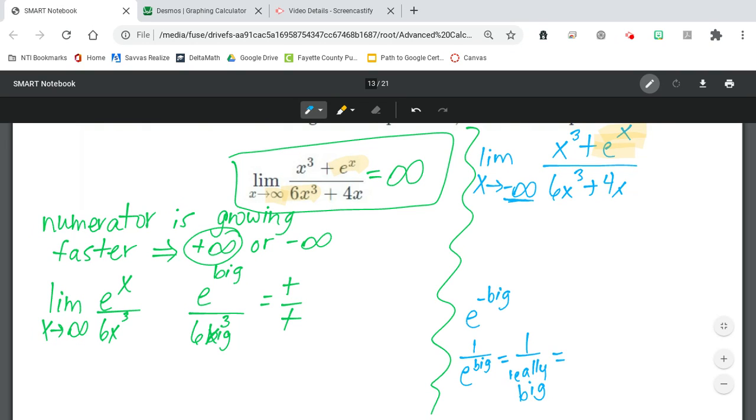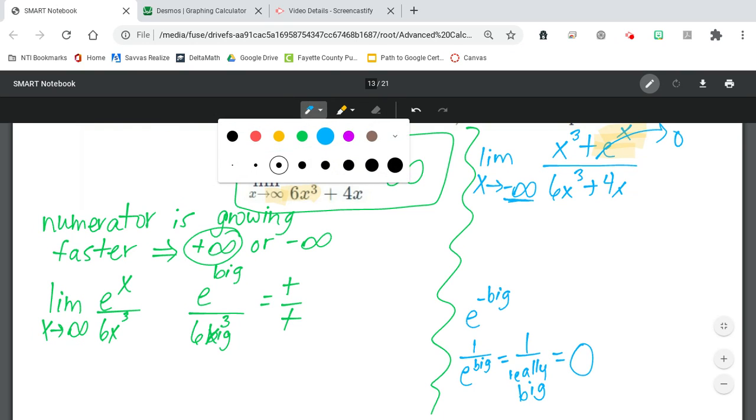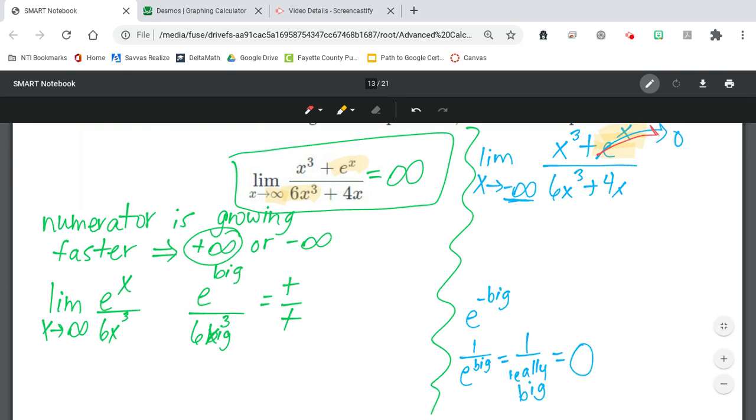And 1 divided by a really big number is pretty much 0. So when x approaches negative infinity, e to the x approaches 0. I should use a different color. e to the x approaches 0. And so that means it's no longer the dominant term. So that's going to happen when x approaches negative infinity. So e to the x is not the dominant term.